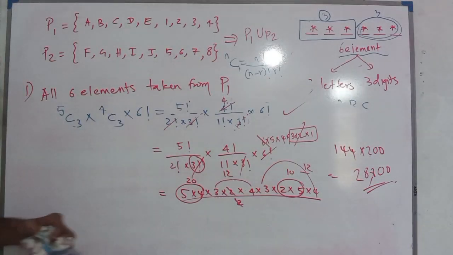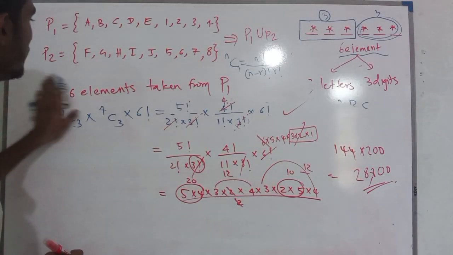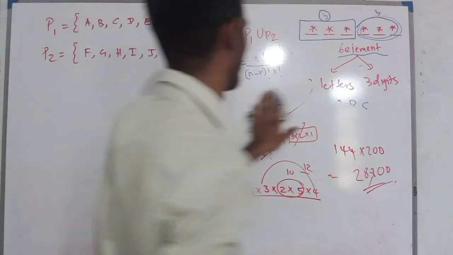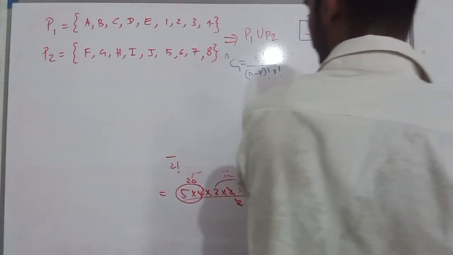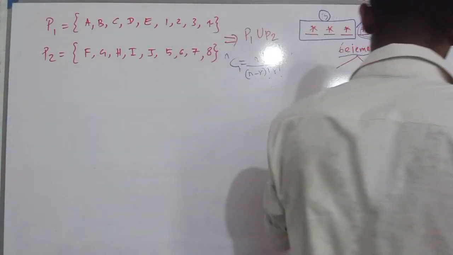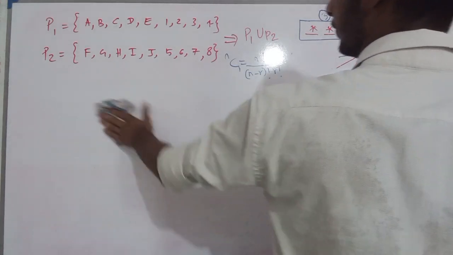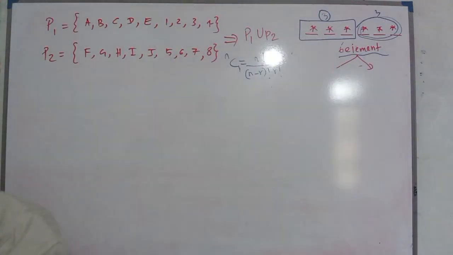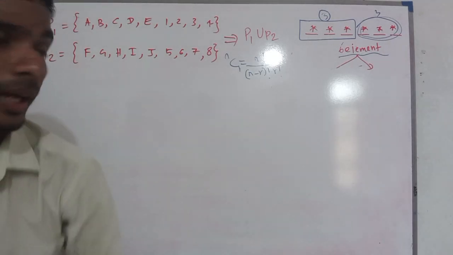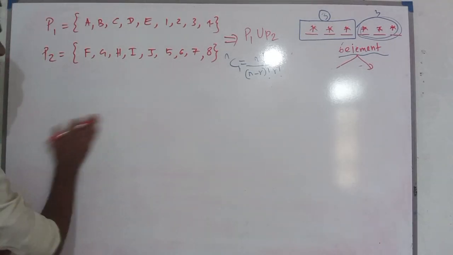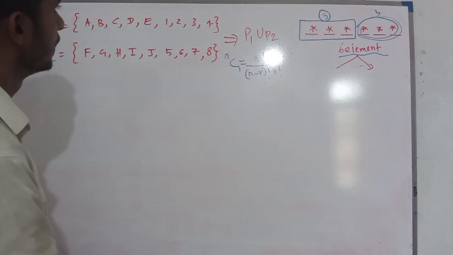Okay, now we will go to the second case. Now the second case says, what is this? Three elements are chosen from P1 and three elements are from P2, right? So here three elements.